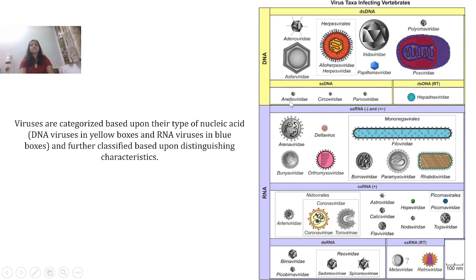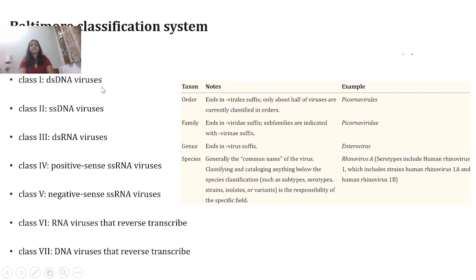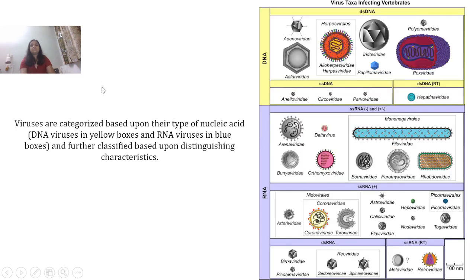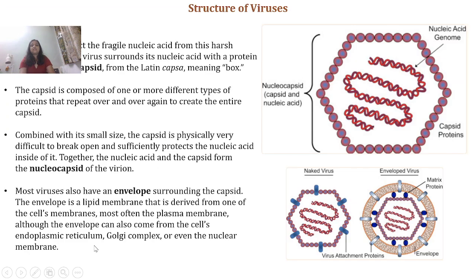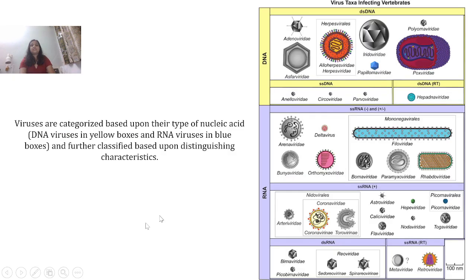Then single-stranded DNA: Anelloviridae, Circoviridae, Parvoviridae. Then Hepadnaviridae is a double-stranded DNA virus, class 1, but it reverse transcribes, so it goes to class 7. And the single-stranded ones go to class 2.